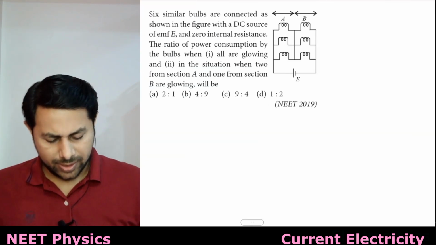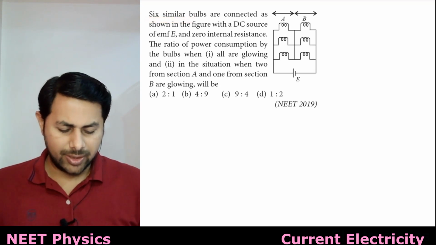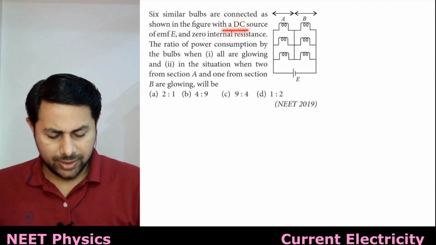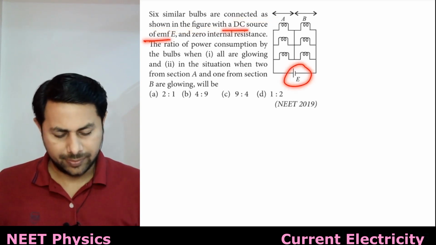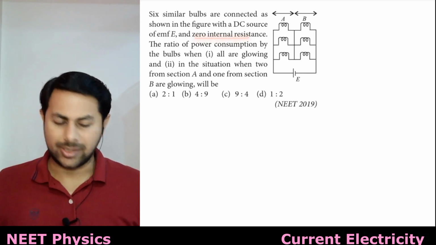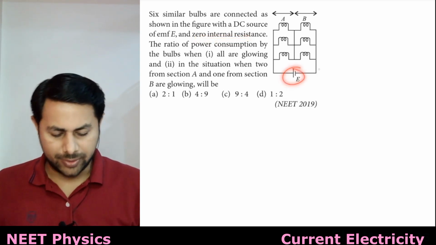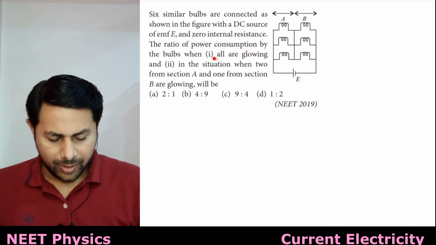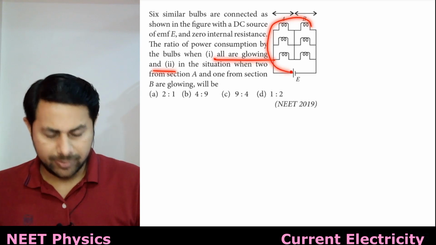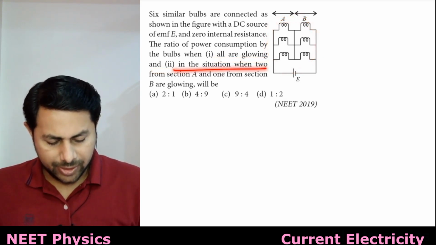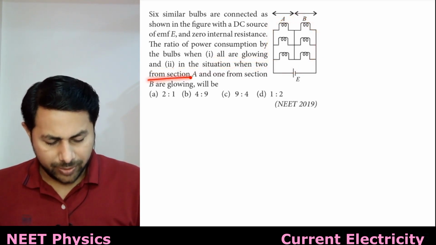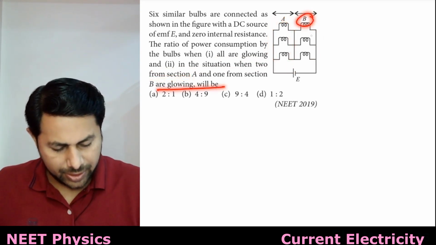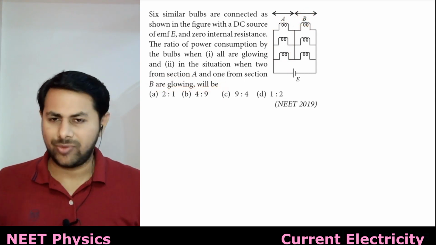Six similar bulbs are connected as shown in the figure with a DC source of EMF E and 0 internal resistance. So internal resistance of this one is 0. The ratio of power consumed by the bulbs when all are glowing, and in the situation when 2 from section A and 1 from section B are glowing, will be.